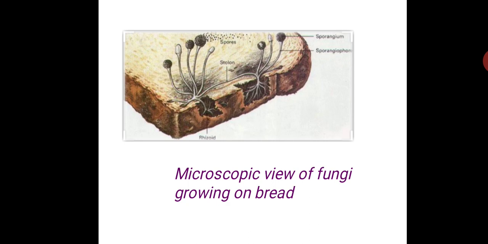In the picture you can see the spores being released by the fungus. The spores are present in the air, and when they get a warm place or moisturized area, they will germinate and reproduce very fast and spread very fast.